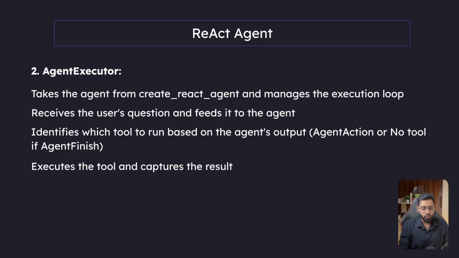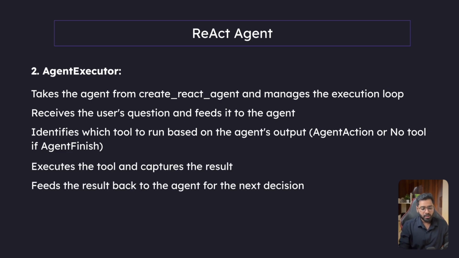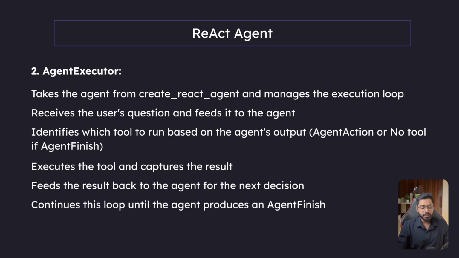So it executes the tool and captures the result, and feeds the result back to the agent for the next decision. It continues this loop until the agent produces an agent finish class, and then returns the final answer to the user. So to put it very short, the agent executor is what is actually controlling the looping between our system as well as the LLM.